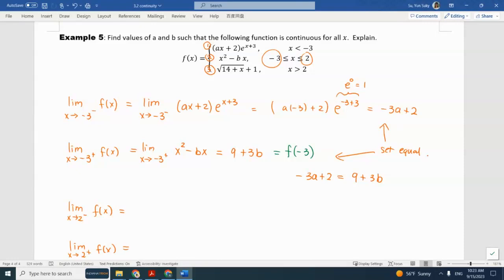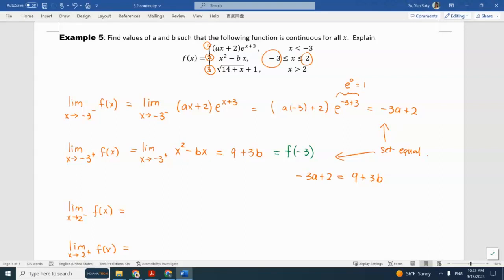Alright, so set the left side of the limit and right side of the limit equal. And can we simplify them? Yes. How? You minus the 2 and move the same values onto the same side. Usually for a system of linear equations, you want to put something like 5x minus 7y equals 11, maybe 2x plus 3y equals 5.